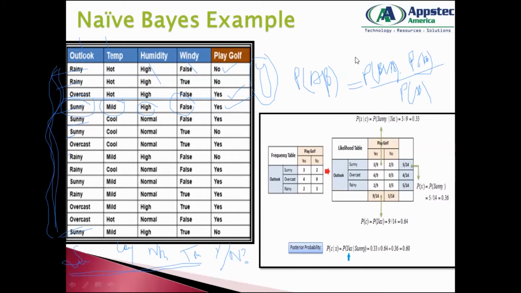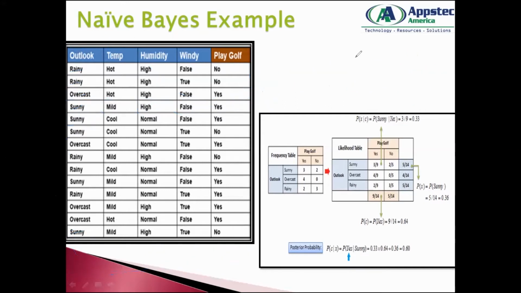The first step to do naive Bayes mathematically, if you want to calculate by yourself with a small amount of data, is to create a frequency table, taking certain attributes. I wanted to create a frequency table with parameters.